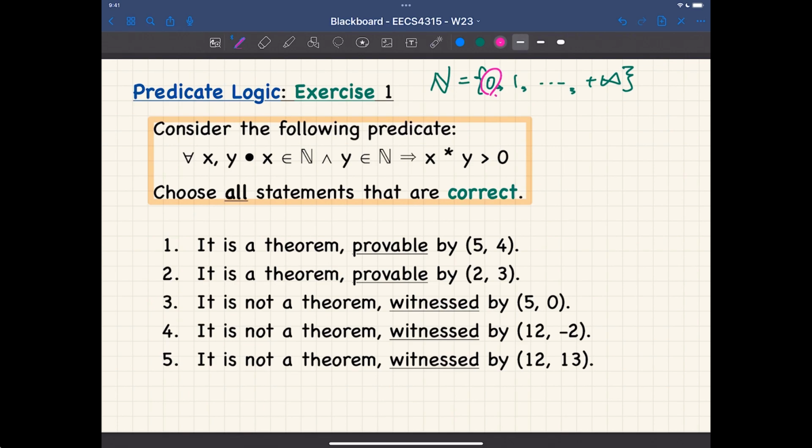We can walk through the choices one by one, but I just need the answer first. Take some time to think. For those struggling, here is a hint: take a look at the pattern here. It's an implication, so think about the implication first. Is the implication true or false for every combination of x and y?